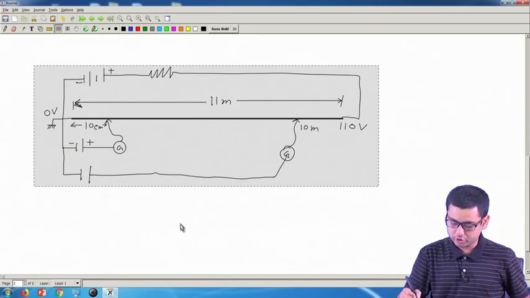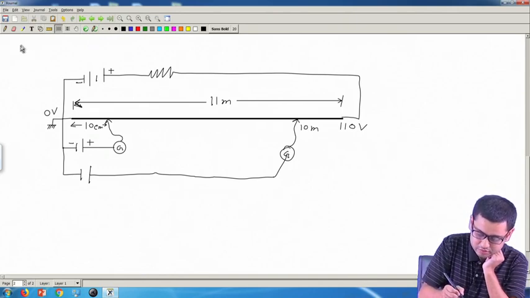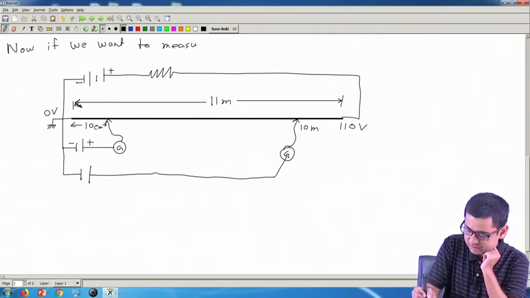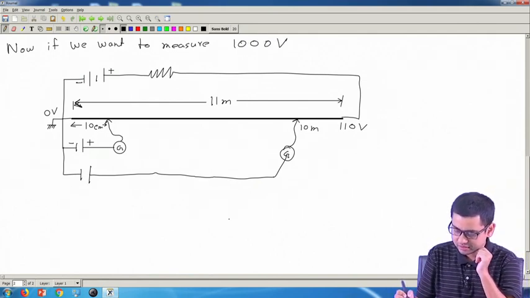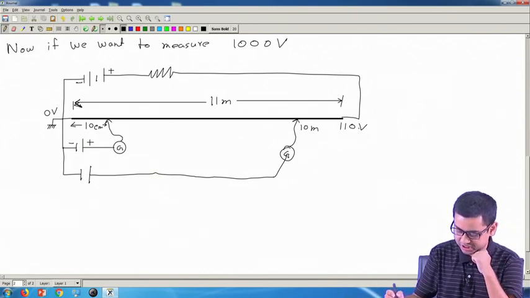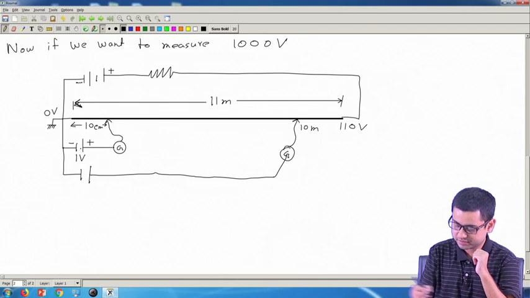so now let us do the calculation very quickly. If we want to measure say something around 1000 volt, okay, I am increasing the value of the voltage that I want to measure, but the standard cell still has the same EMF 1 volt, because standard cell voltage is not going to change.